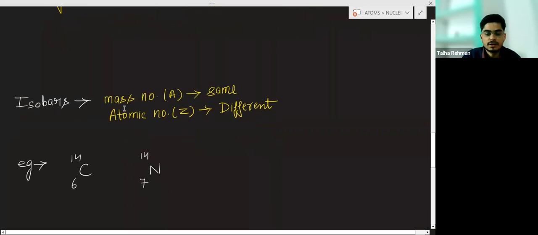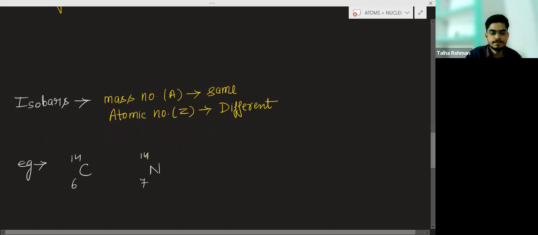Isobars. Isobars have the same mass number but different atomic number. So this is an example of isobars. You can see 6 and 7, so the atomic number is different and the mass number is the same.